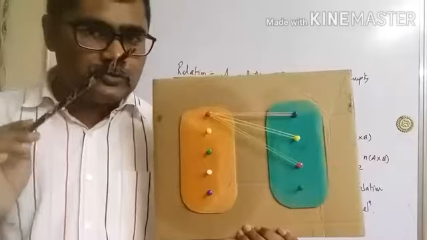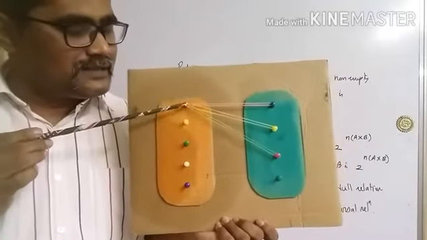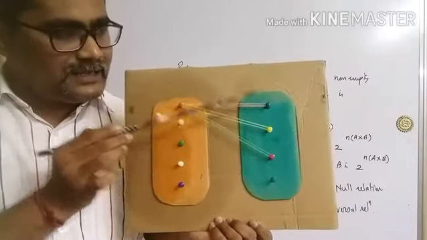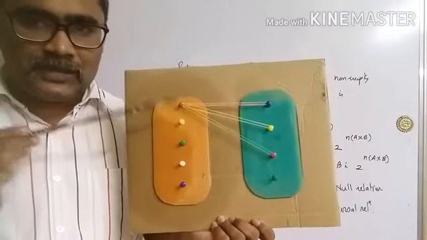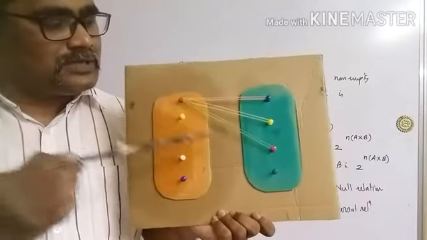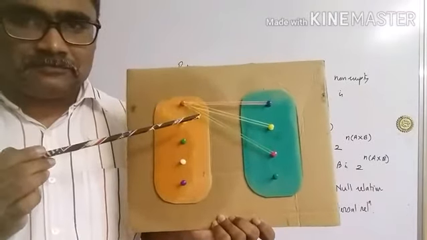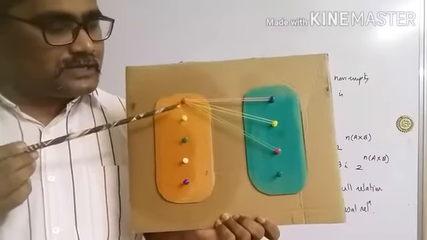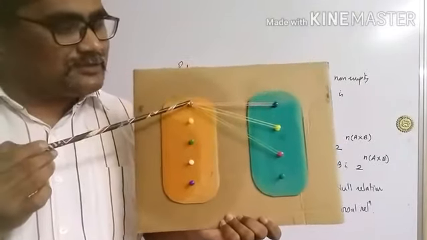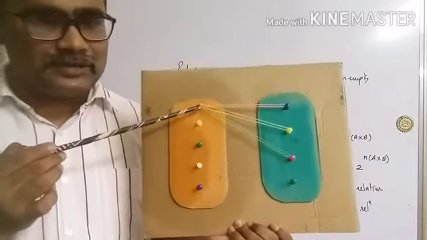Please remember these two words very, very clearly. This element is known as the pre-image of this, and this is the image of this. Now in this particular figure, this is the pre-image of each of these, whereas this is the image of this, right? This is the image of this, this is the image of this.